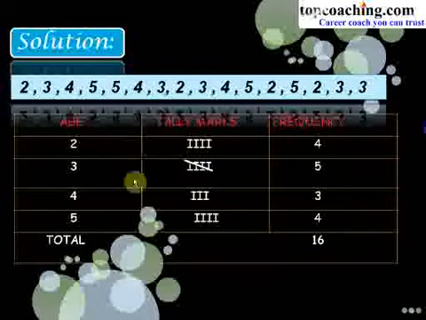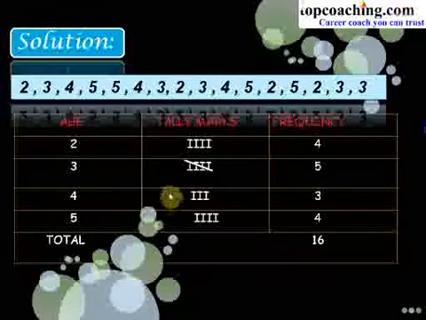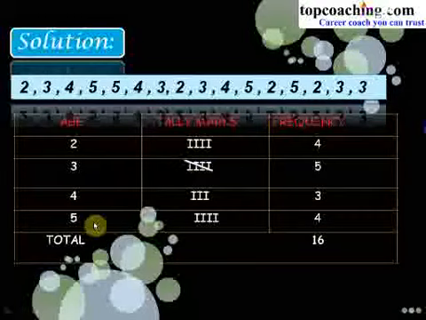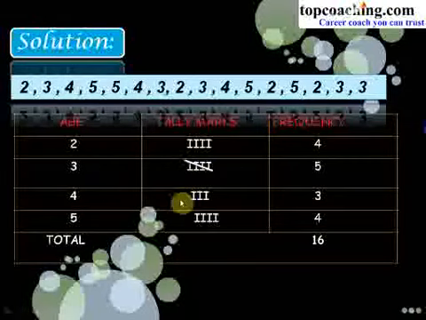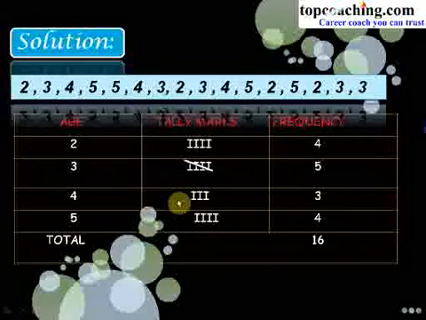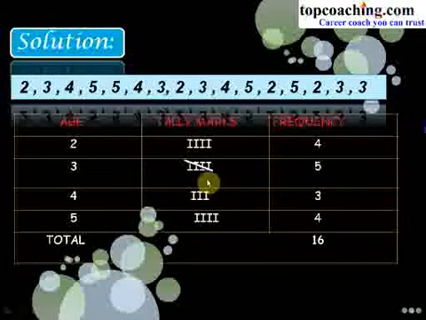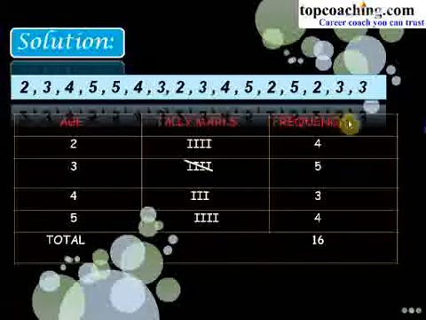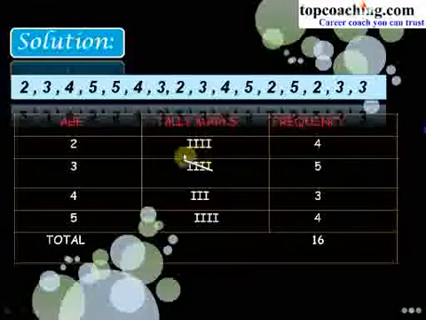This process is repeated till all observations in the raw data are exhausted. We apply the similar process for 4 and 5. Counting blocks of 5 are prepared and some space is left in between each block. We finally count the number of bars corresponding to each value of the variable and place it in the third column of frequency. For example, there are total 4 vertical bars.